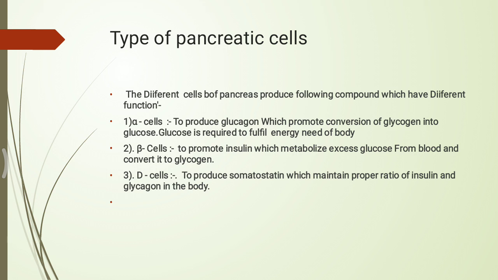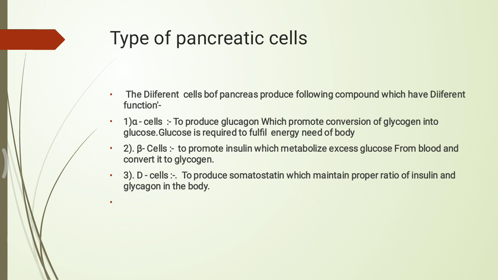The main function of the alpha cell is to produce glucagon, which promotes conversion of glycogen into glucose. Alpha cell produces glucagon which promotes converting glycogen into glucose.